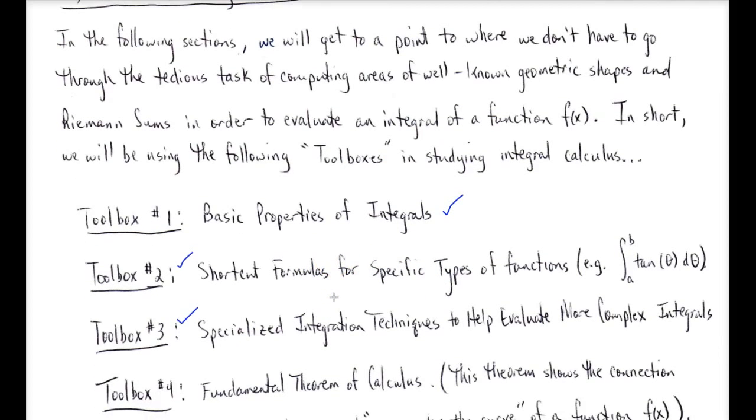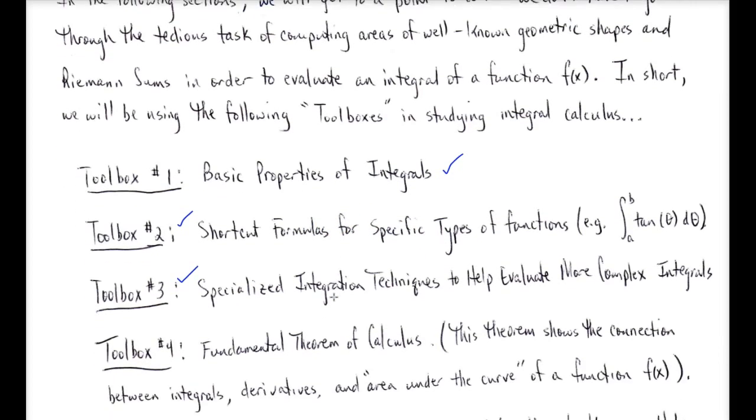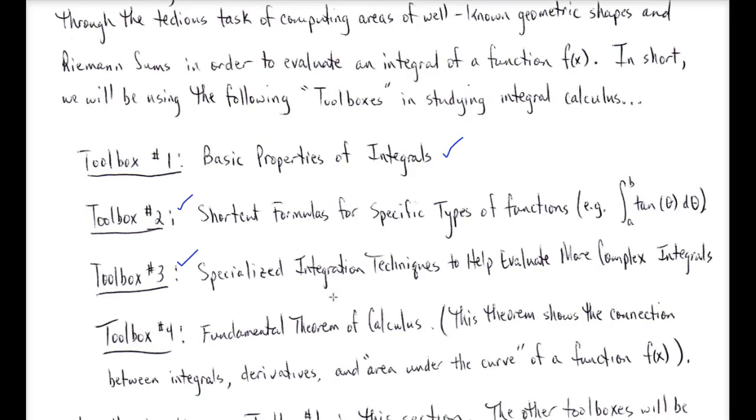Of course, the fourth toolbox here that we also learn about is the fundamental theorem of calculus. And so we will talk about that and study it in this particular video. This tool is very important because the fundamental theorem of calculus bridges what we do for differentiation over with integration.